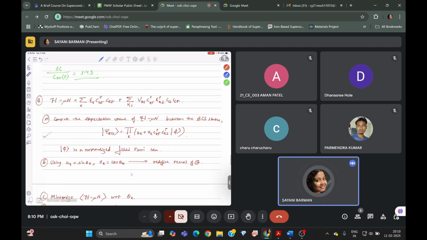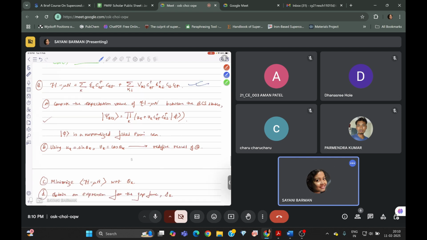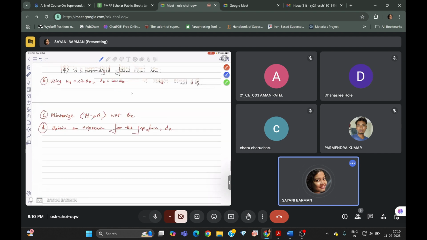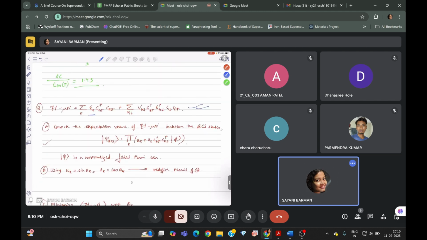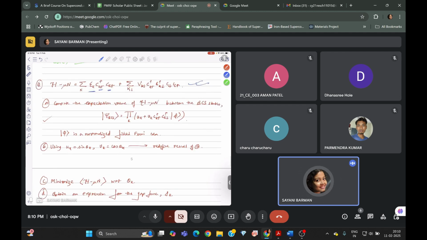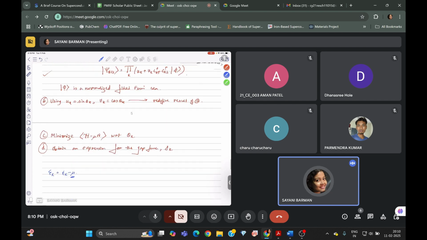Here we can say that this term has already been discussed earlier. So this is the energy of an electron relative to the chemical potential, right? Now these terms are given. These are the fermionic creation and annihilation operators.